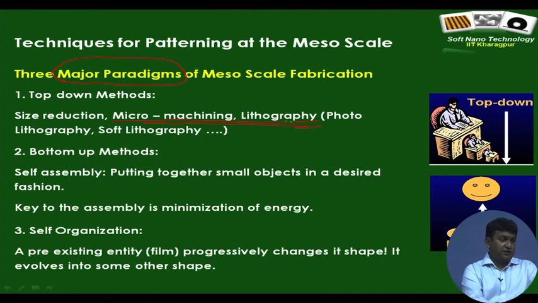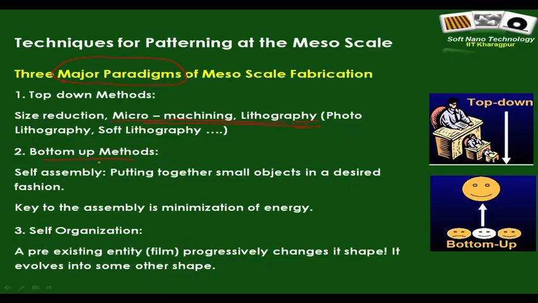The other approach can of course be the bottom up approach, where you start from individual building blocks. At the nanoscale, the individual building blocks can be even molecules, and you assemble them in a specific order to come up with something desired. Lego blocks with which children play, or the way you build your home with bricks, are all examples of bottom up fabrication technique, right.